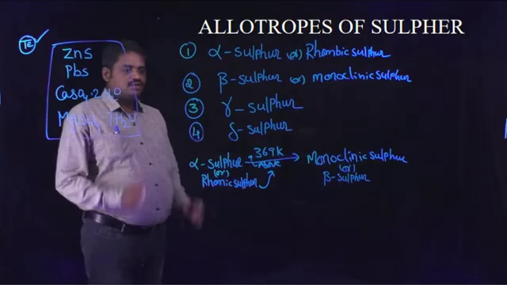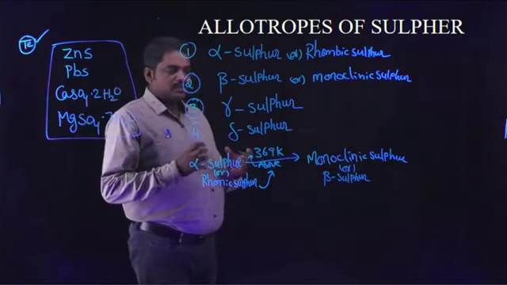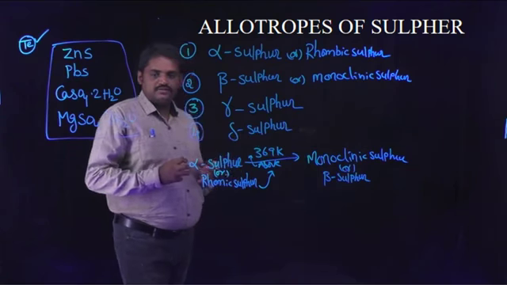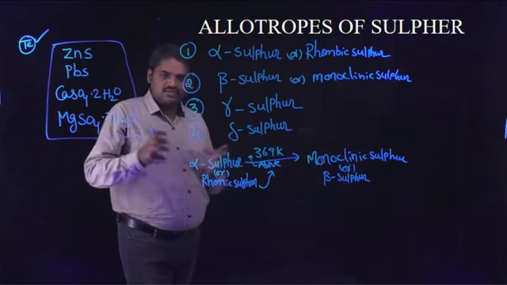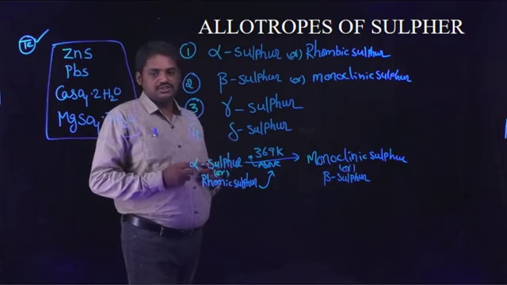So alpha sulfur and beta sulfur are interconvertible allotropes at different temperatures.